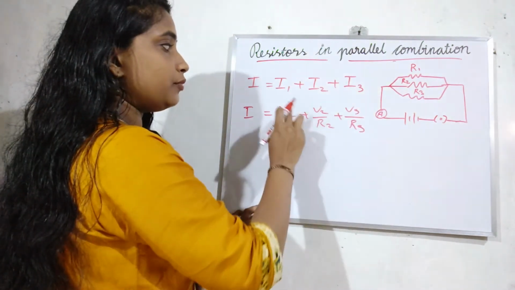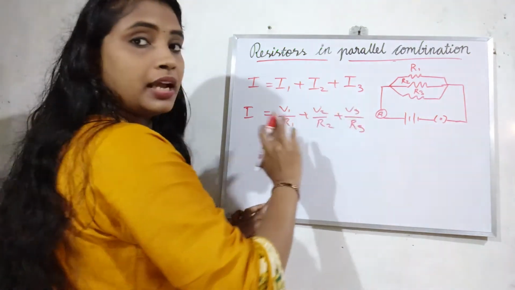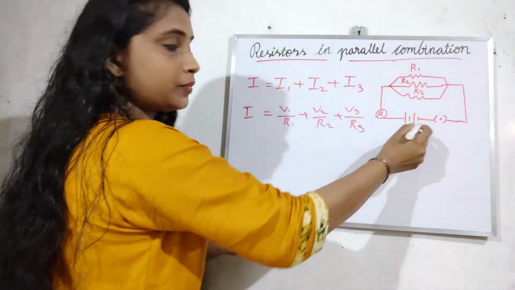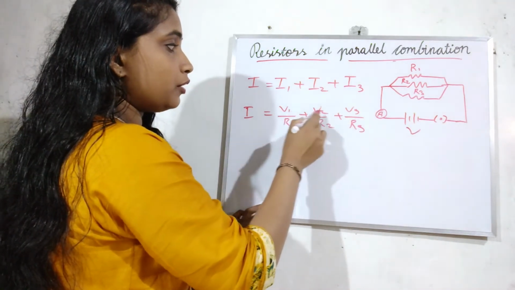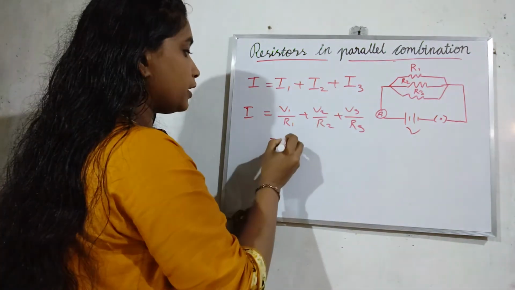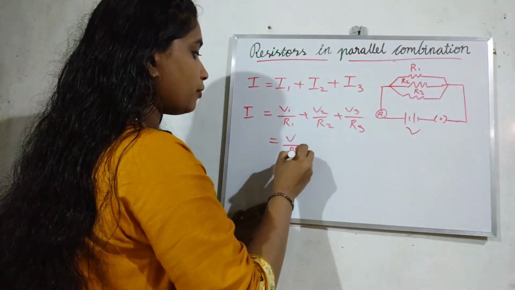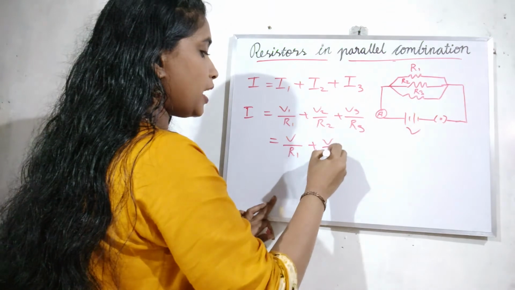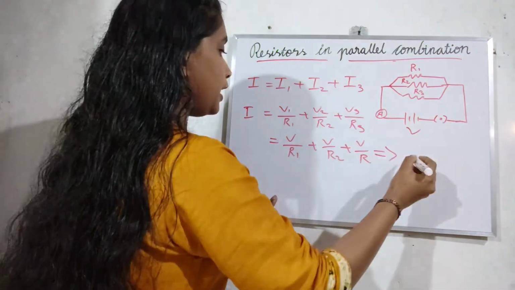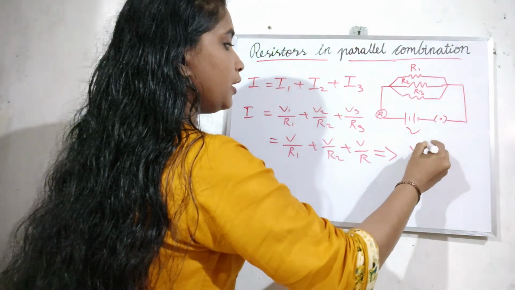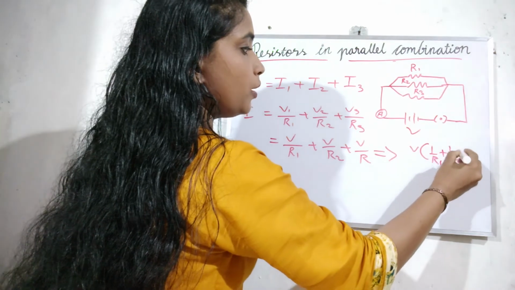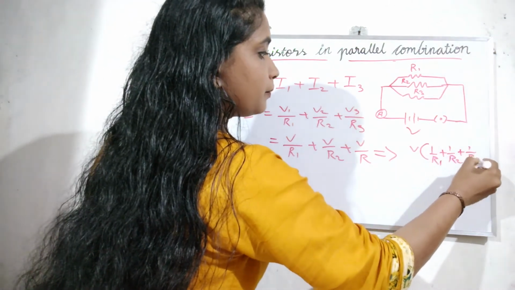But we know that V1, V2 and V3 are all the same as the external voltage V. So we can replace V1, V2 and V3 with V. Then the equation becomes V by R1 plus V by R2 plus V by R3. That can be written as V into 1 by R1 plus 1 by R2 plus 1 by R3.